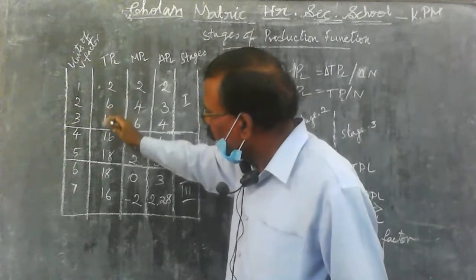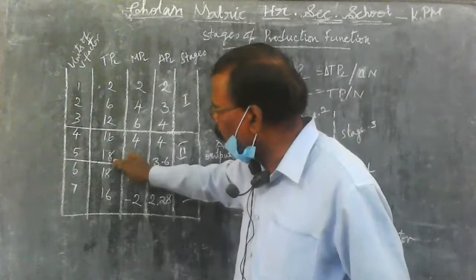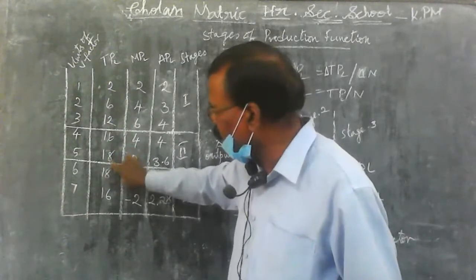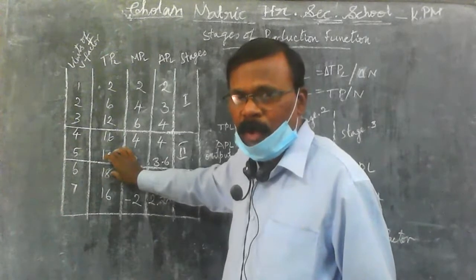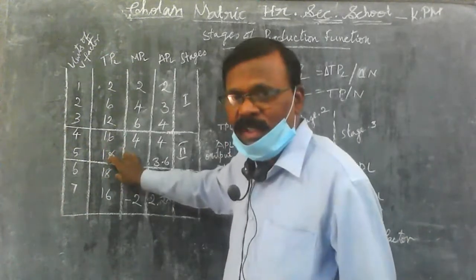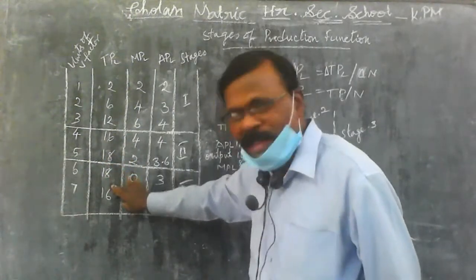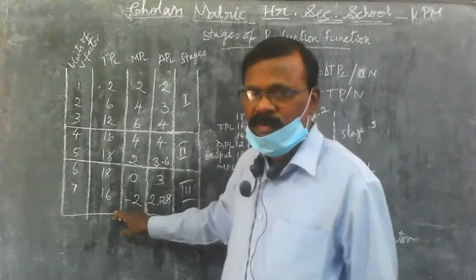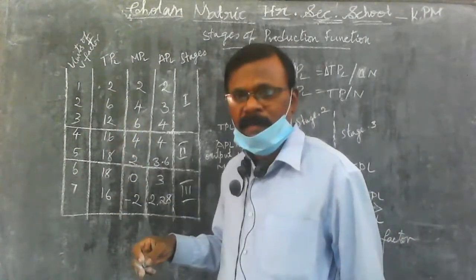Next, constant, being constant at the maximum point. Here, 18, 18. So this is the maximum point where total product is constant. After that, what happens? The total product declines. So this is the nature of total product.